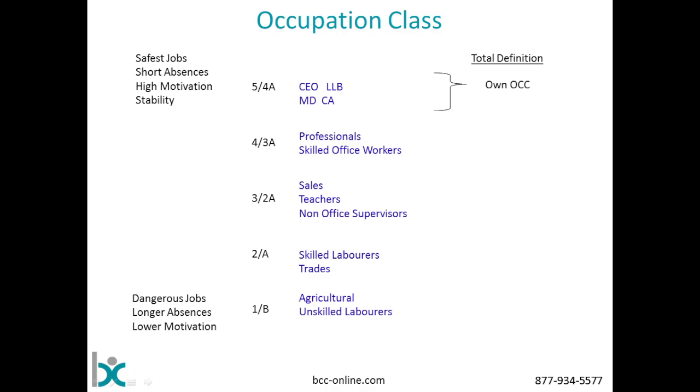Now, let's say that our surgeon becomes disabled, becomes unable to use their hands, can't work as a surgeon anymore. And this person ends up collecting own occupation disability benefits. But maybe after a year or so on disability, this person says, you know, I can't just sit around the house anymore. I do have a pretty good skill set that I'd like to go out and use.